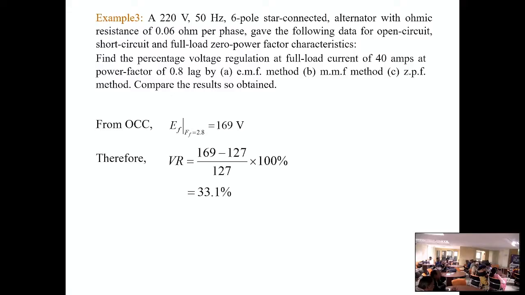Not in the alternator case, it is positive for lagging like this. Otherwise, if the power factor is leading, in that case this EF will be less than that of VT, negative. In that case you will get negative voltage regulation. Up and down will be for the transformer. It will be positive.